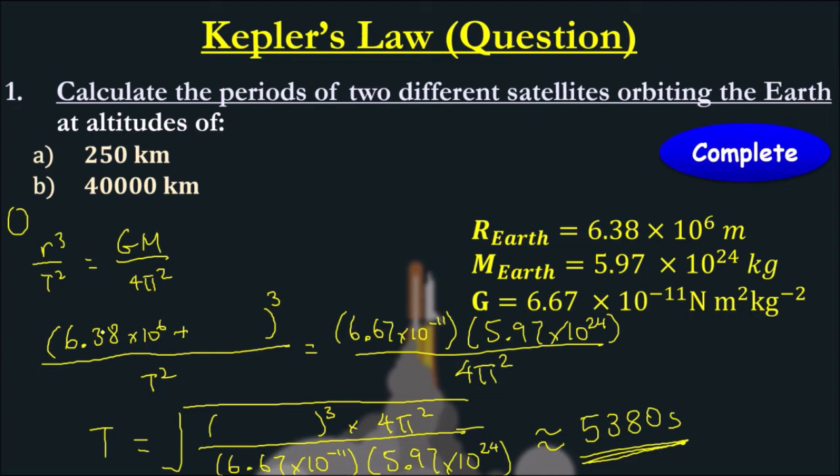Okay, so we have the average radius of our planet plus the altitude that we're dealing with. And we would end up getting an orbital period of about 99,500 seconds. And that's how you do this first question here.